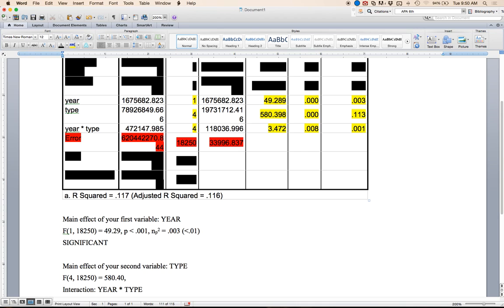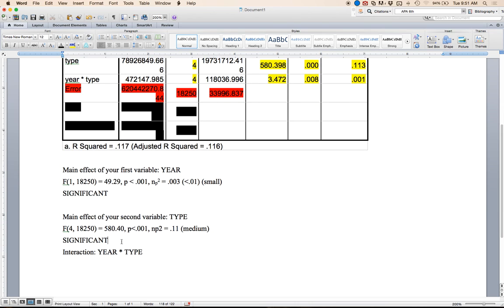And then P is less than 0.001, and eta squared partial is 0.11. So this is a medium effect size, whereas this one on the top is a small effect size. Remember the rules are 0.01, 0.09, 0.25. And this one's also significant.